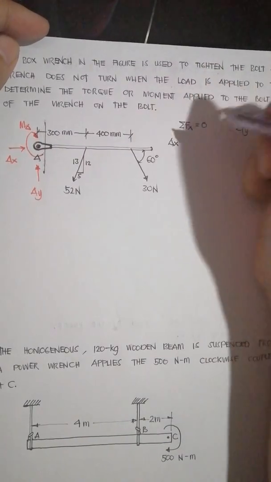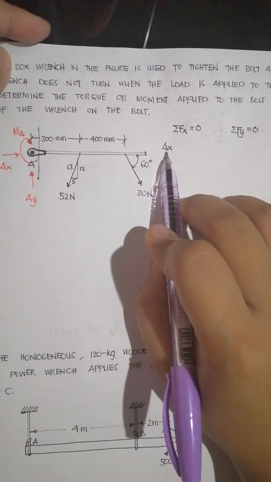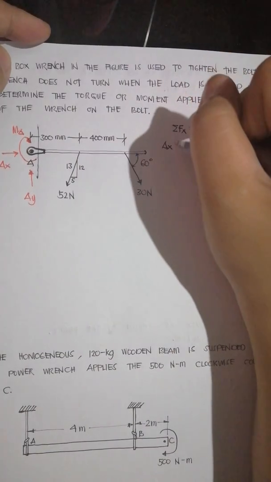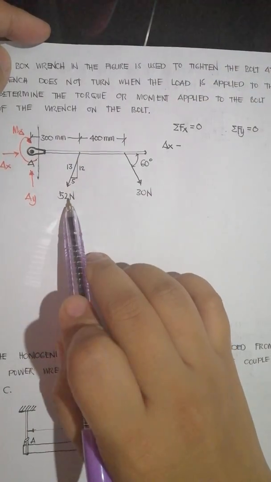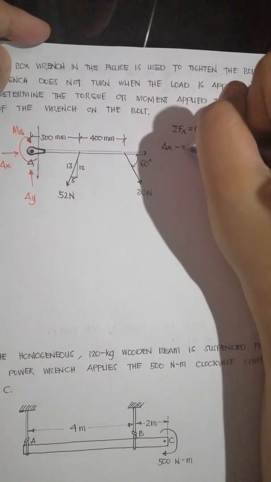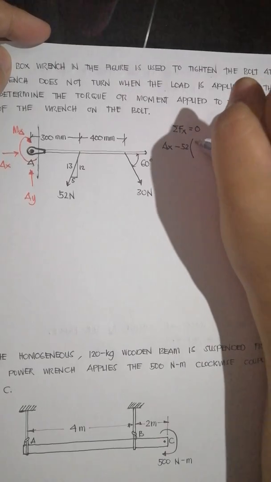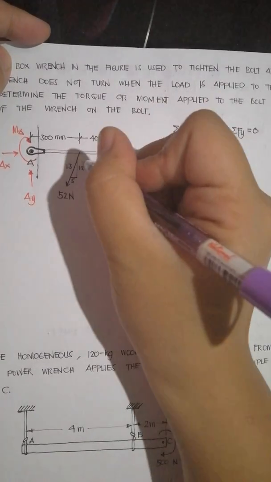In the equation, our sign for Ax would be positive since our assumption is that it is acting to the right. Then we have minus the x component of the 52 Newton force, so 52 times 5 over 13, negative because it is to the left.